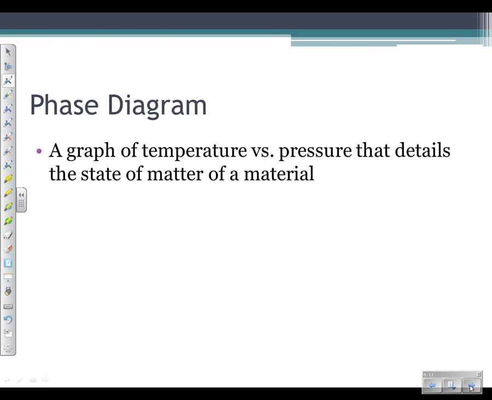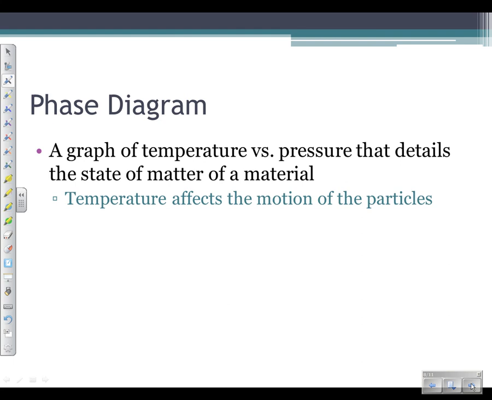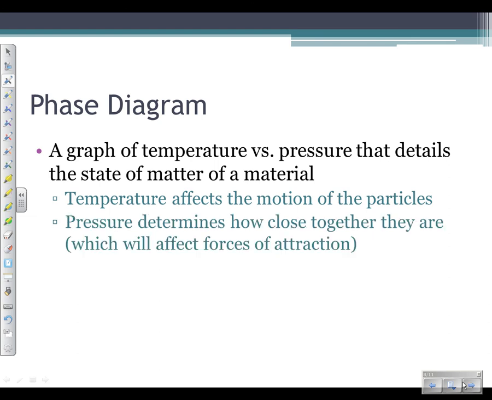Motion and attraction, right? We already established, what does temperature tell us about? Temperature tells us about motion, or how fast they're going. And that means that pressure is probably going to tell us about the attractions. Pressure talks about how close those things are, or how tightly they're being squeezed together, which affects the forces of attraction.